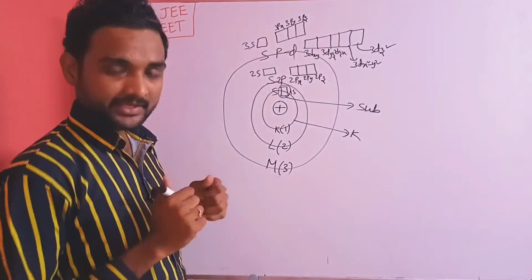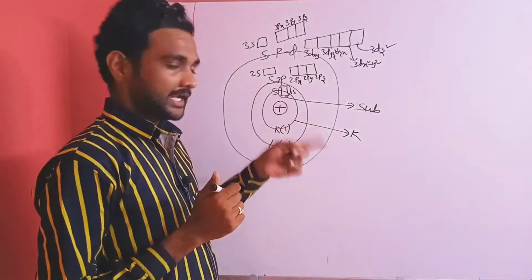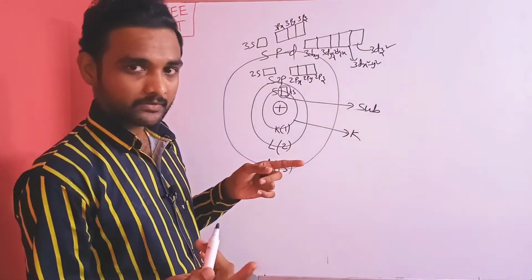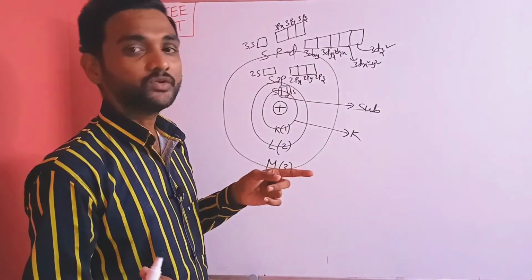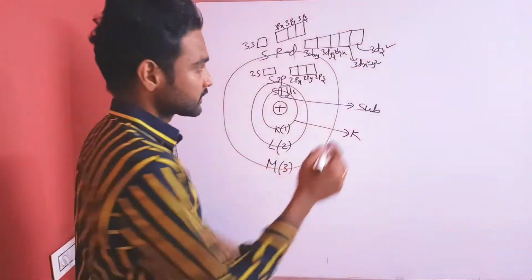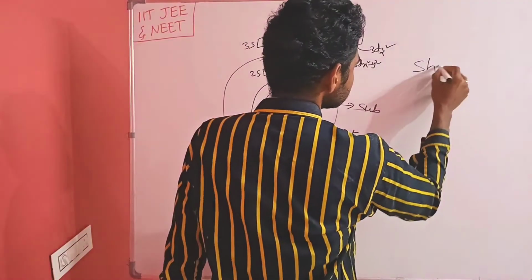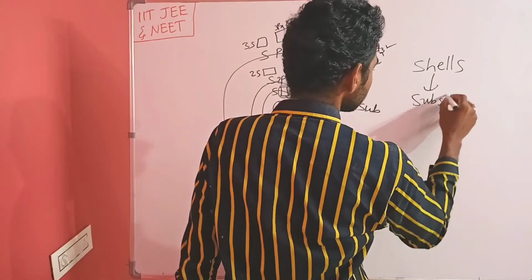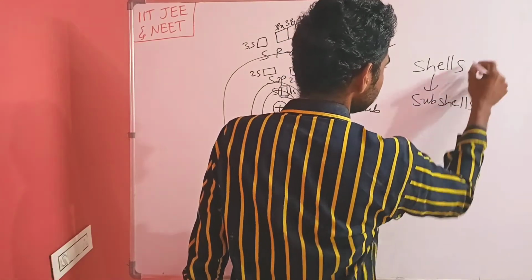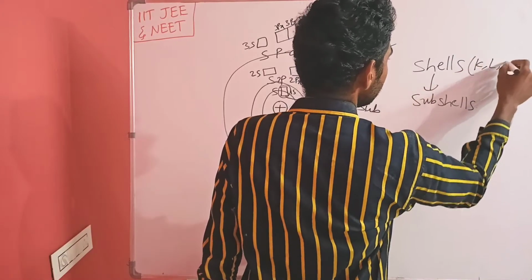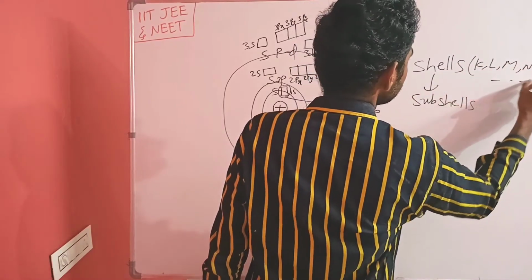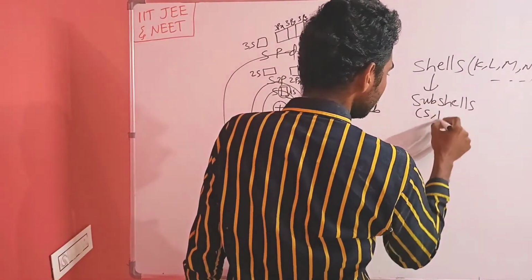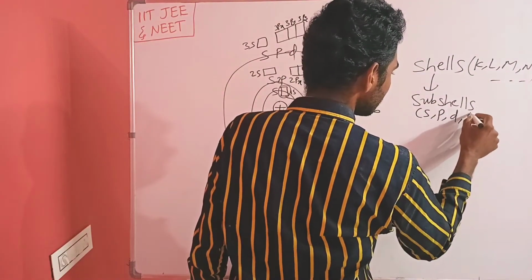Now have you understood the differences between orbit, subshell and orbital? The final clarity is: in shells, subshells are there; in subshells, orbitals are there. Now in orbitals, electrons will fill. The shells are K, L, M, N and so on. The subshells are s, p, d, f.